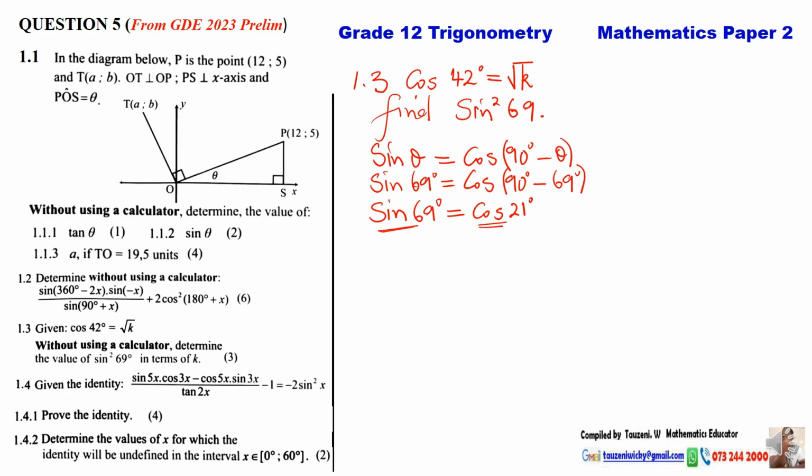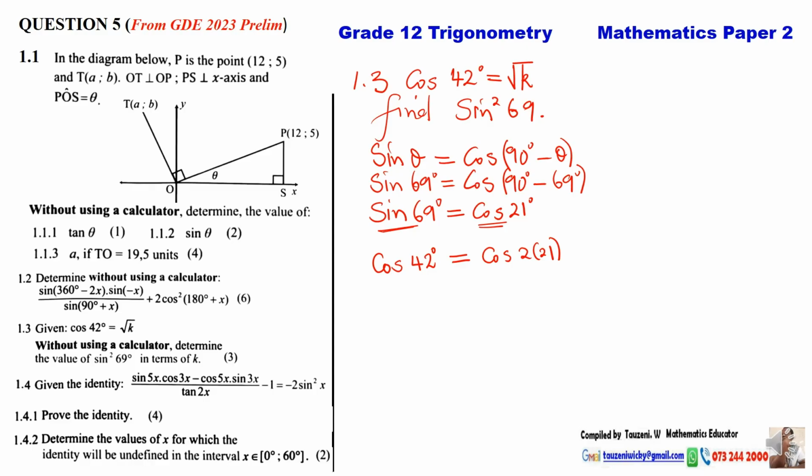If you look at the 21 that I have here, the angle that we are given is the cosine of 42 degrees. 42 is the same as 21 times 2. So I can express this as the cos of 2 multiplied by 21.